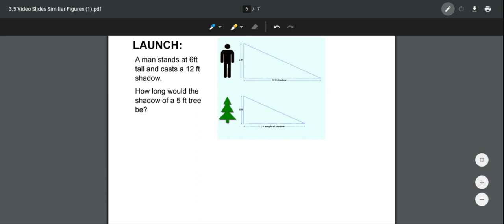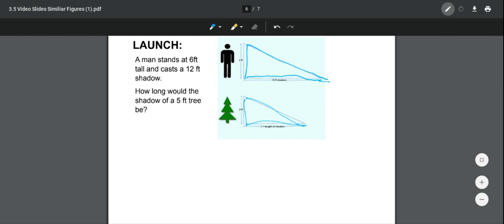Therefore, the triangle that is created by the height, the length of the shadow, and the angle of the triangle would have to be similar. So these two triangles that are created would be similar to each other. Therefore, we can use a proportion in order to solve this problem.